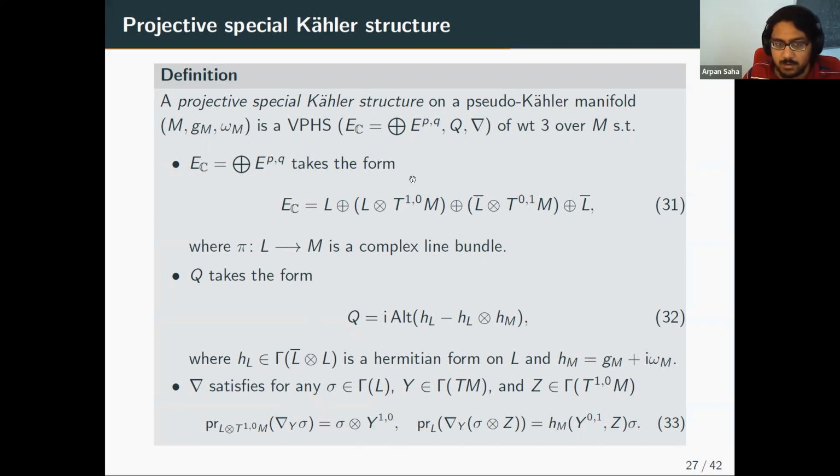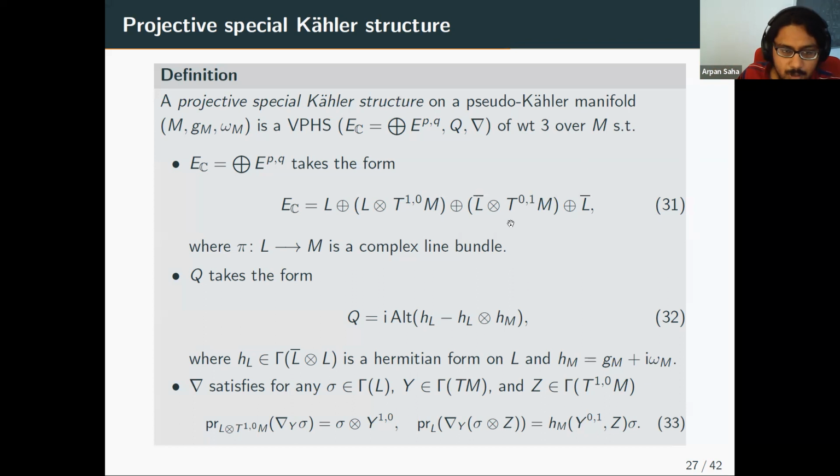And there's something similar for taking the covariant derivative of something here and projecting it onto the 3,0 part. Okay. The physical intuition behind this decomposition, by the way, is that L is supposed to be the vacuum bundle, and L tensor T10M, L tensor the holomorphic tangent bundle, that is supposed to be the Hilbert space of states that you get by acting on the vacuum by holomorphic deformation operators.